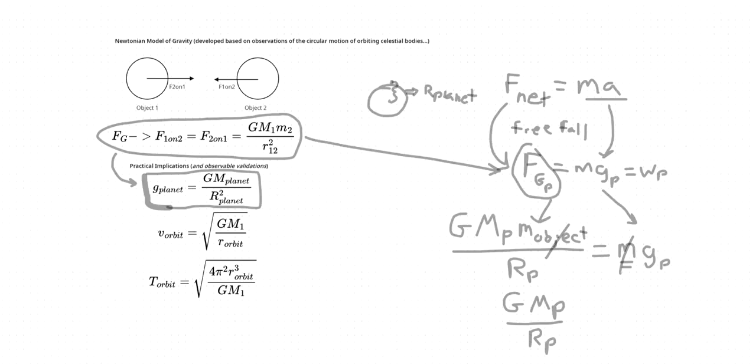And then that is simply equal to the gravitational acceleration experienced by any object on the surface of the planet, independent of its mass, which we've already kind of gone over when we talked about the kinematics of freefall. Gravitational acceleration doesn't depend on your mass. All right, so that's relationship one. Check. How about relationship two?